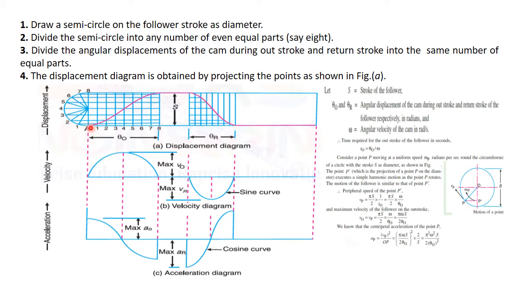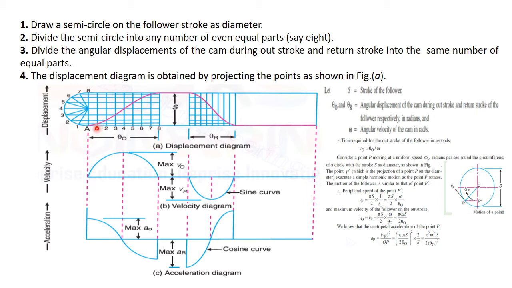Here we have divided the out stroke into 8 parts and drawn the vertical lines. If the semicircle is divided into 8 parts, we extend point 1 and point 2 to the right side, and we can see that the horizontal line cuts the vertical line at points 1, 2, 3, 4.